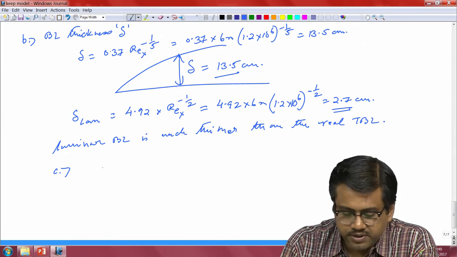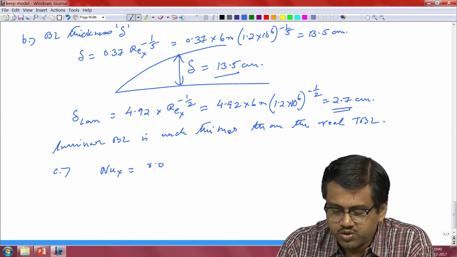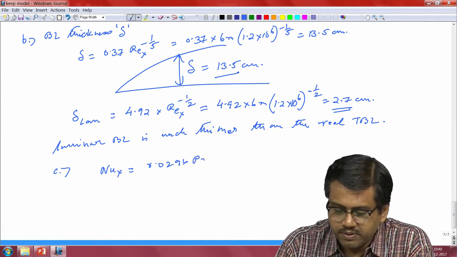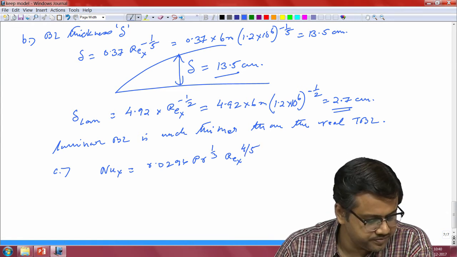So the Nusselt number on the other hand is given as 0.0296, Prandtl number 1/3, Reynolds number 4/5.